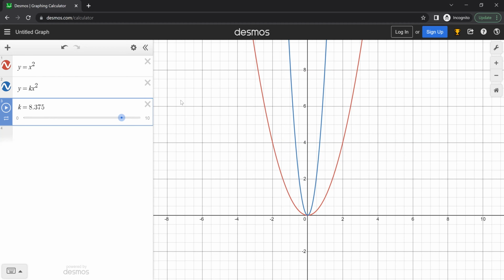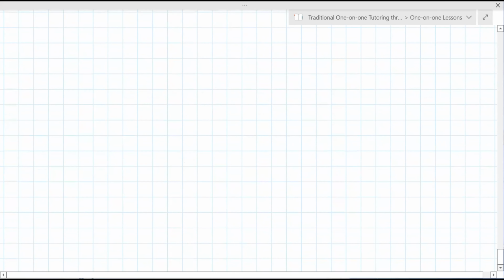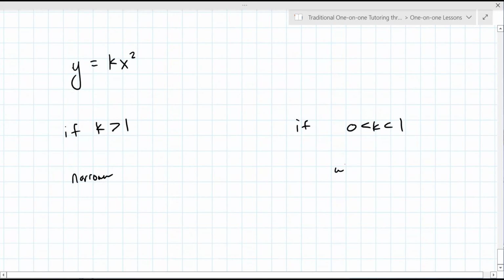So let me go back to the other screen and try to summarize that. Right here: y equals kx squared. And there's two cases. If k is greater than 1, it gets narrower. If 0 is less than k less than 1, it gets wider. Here, let me write this down.